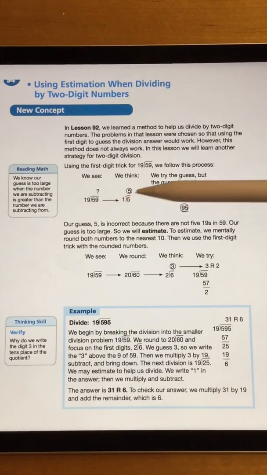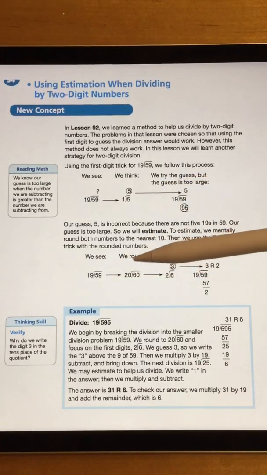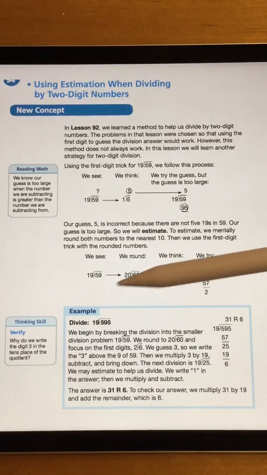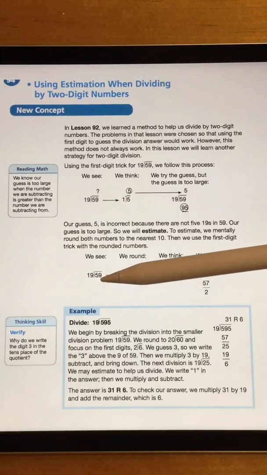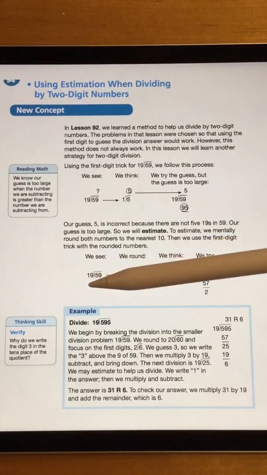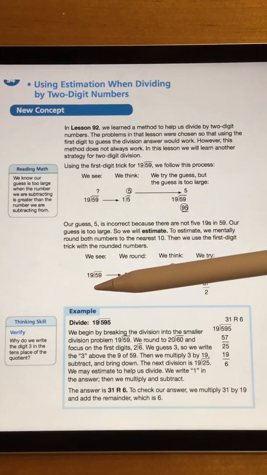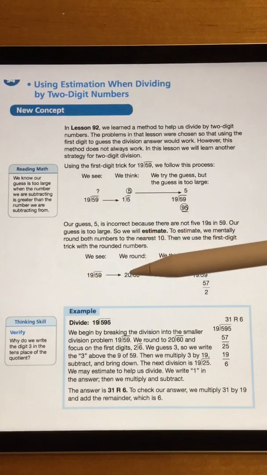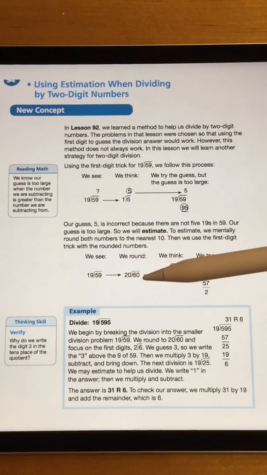So what we need to do is use the strategy of estimation and then look at that first digit. When we look at 19 and 59, we could round the 19 to 20 and the 59 to 60, and that would make our problem much easier to figure out, using that first digit trick.